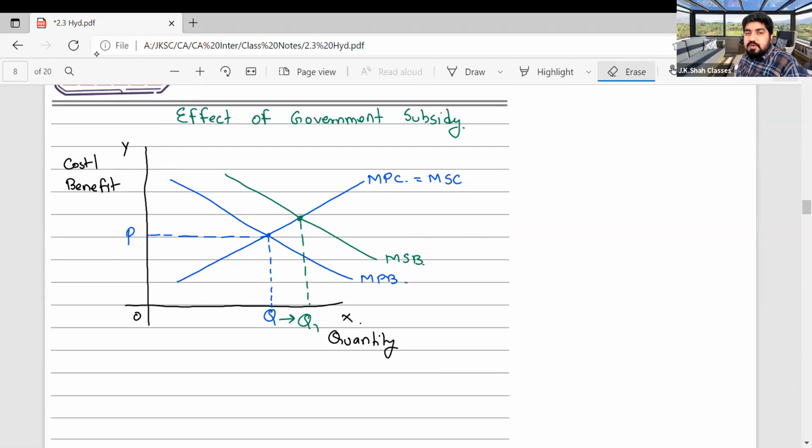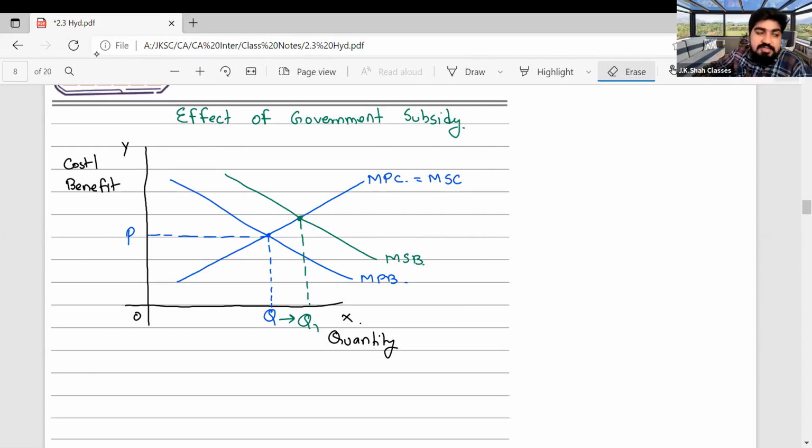Madam Ankita, you were absent it seems yesterday. Benefit curve is nothing but the willingness of a customer, what the customer is willing to pay. So as you are getting more quantity, you will be willing to pay less because you are getting less benefit now due to the increase in quantity. So it will be downward sloping.